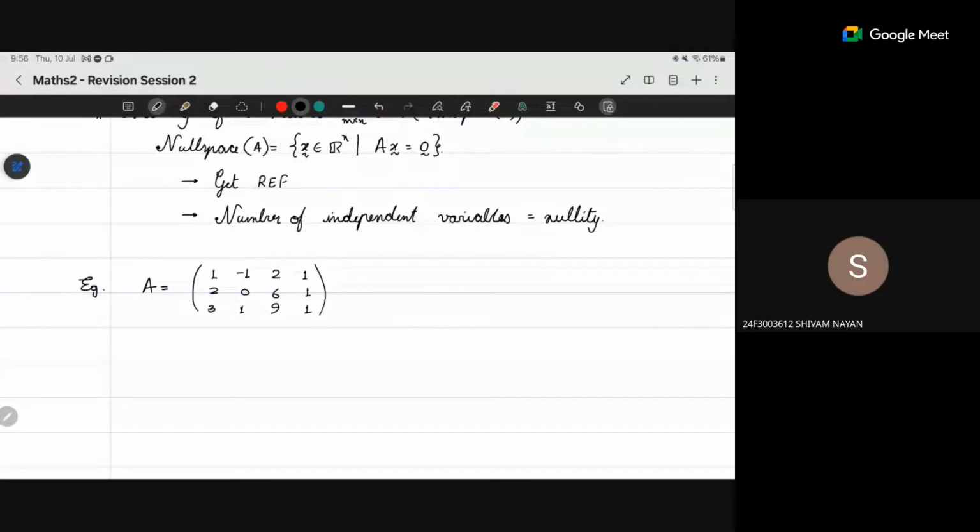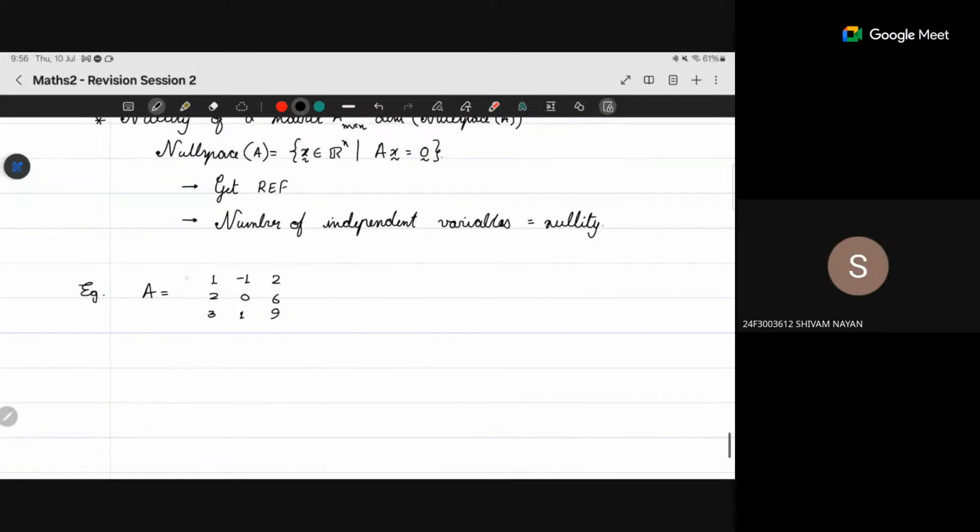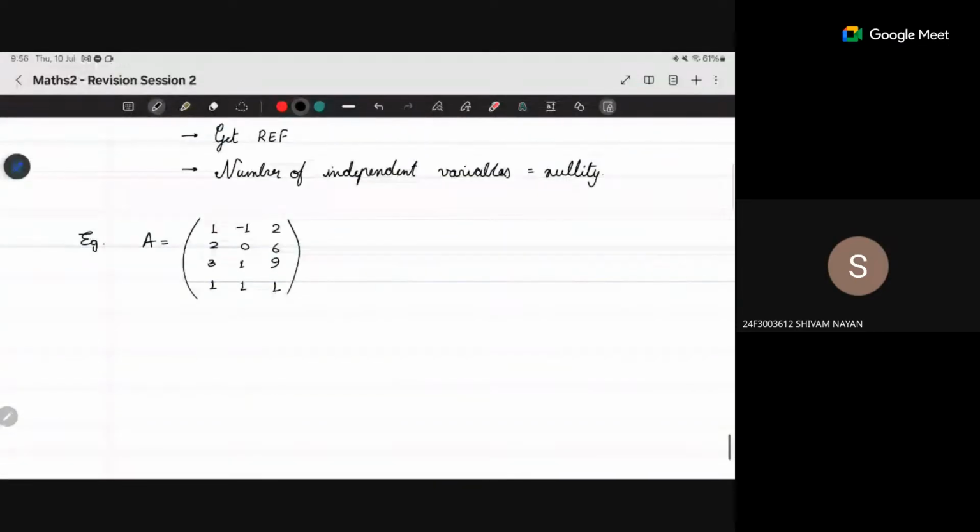Find the nullity and a basis for the null space.